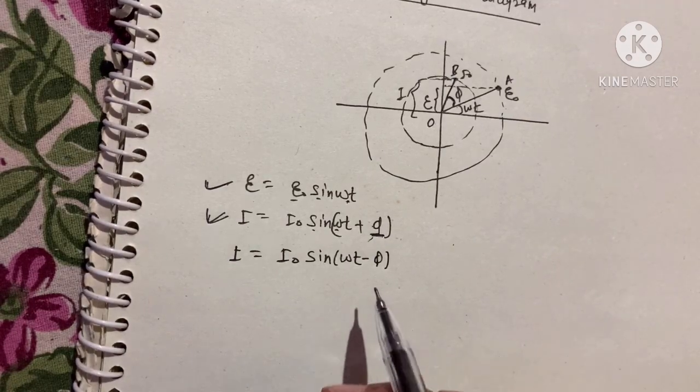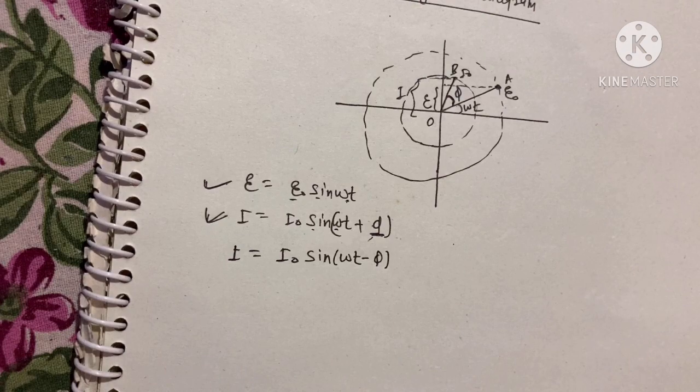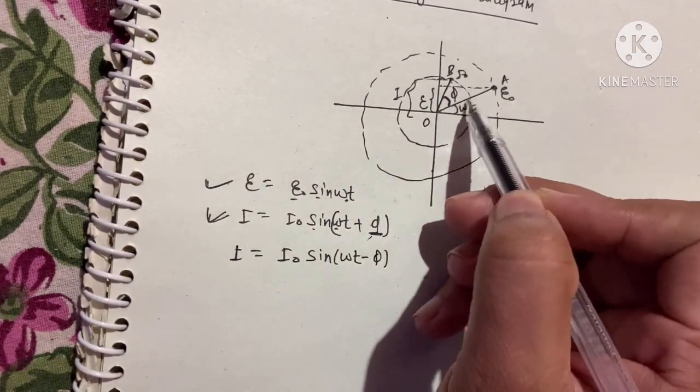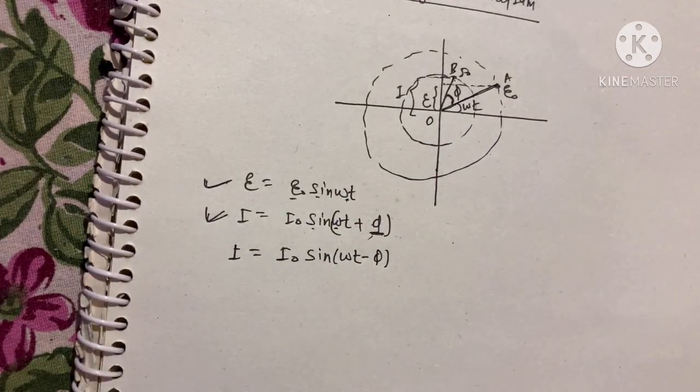So you have to draw another phasor diagram. Here it will be EMF and here it will be current. So this line will be current and this line will be EMF. This diagram depends on the equation, basically the relation that we will find with the help of derivation.